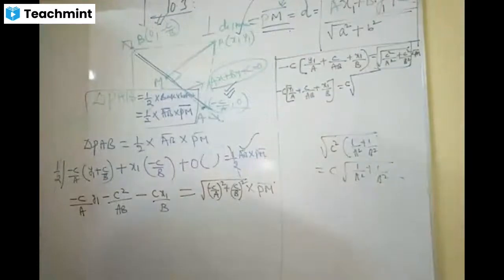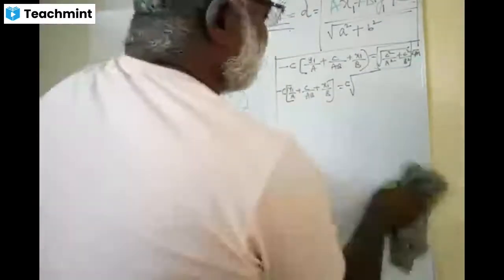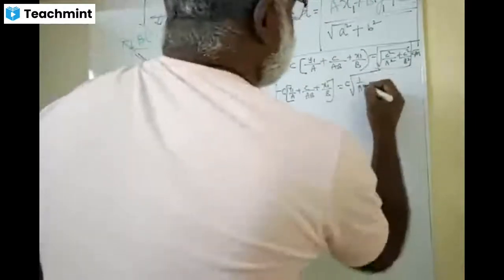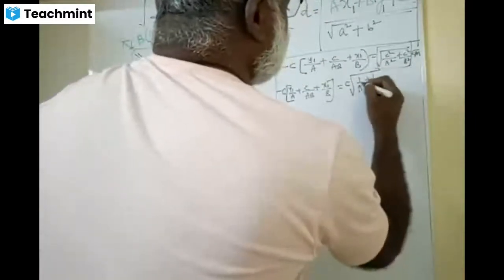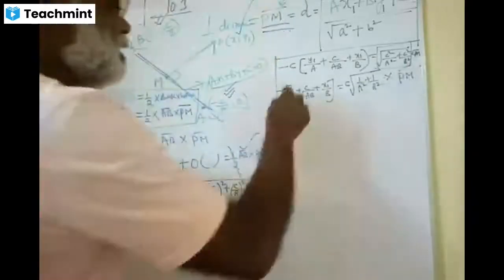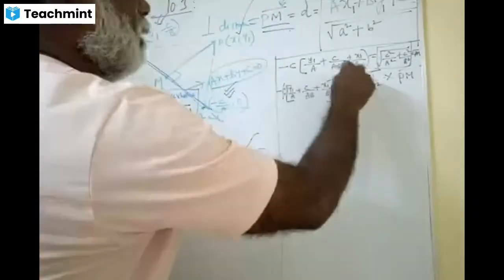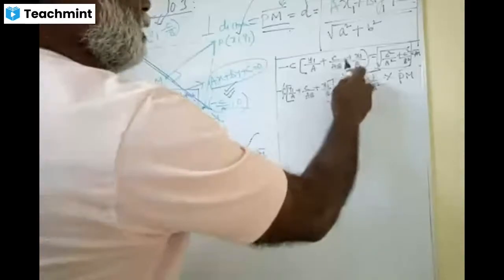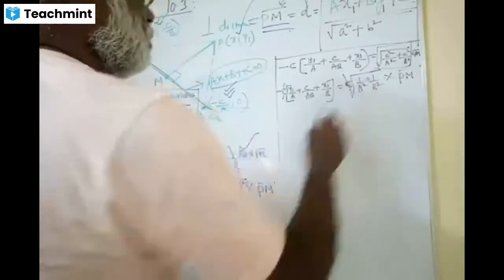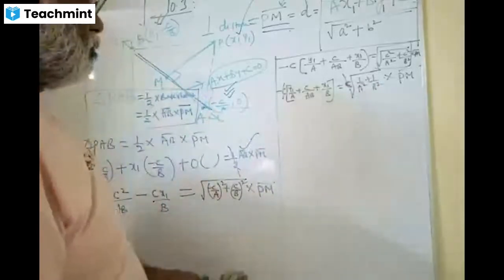Yes, sir. Okay. So I took C, that's why C is out here. And root of 1 by A square plus 1 by B square into PM. Yes or no? Now look. If we divide by C, C cuts. Yes or no? Yes, sir.